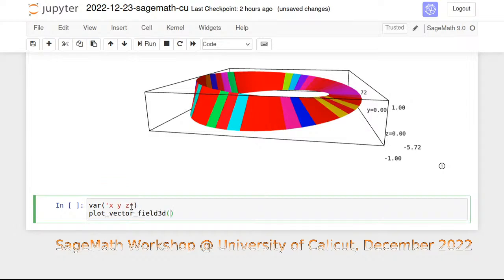So if we specify the vector to be just 1, 0, 0 for x, y, z in some specific range, x from 0 to 1, y from 0 to 1, z from 0 to 1.